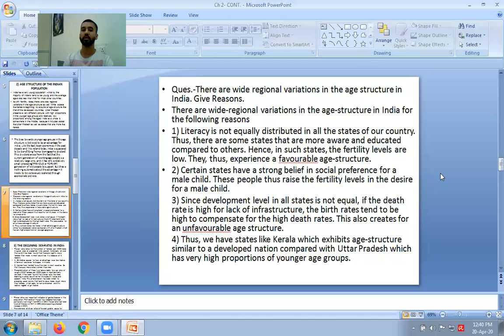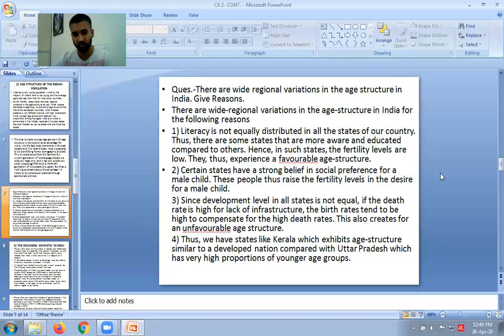So when there is more death rate, then people, to recover the loss that has been made in the death rate, are always going to have more birth rate, in order to compensate or recover the death rates. So this was the third reason.